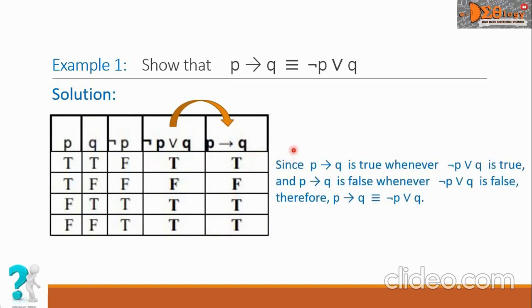So we write, since P implies Q is true whenever not P or Q is true, and P implies Q is false whenever not P or Q is false. Therefore, P implies Q is logically equivalent to not P or Q. This is our final answer.